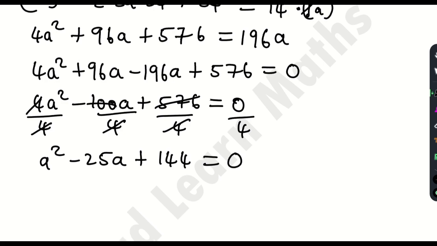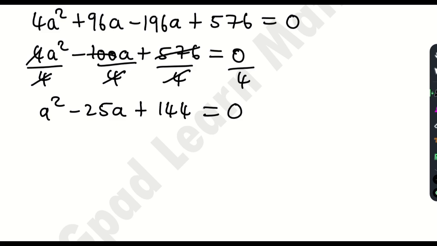So looking at this equation, we have 144. So you ask yourself, give me two numbers such that when I multiply them, I will get 144. And when I add these two factors or numbers, I'm going to get negative 25. So what do you think? Now, the two numbers will be negative because this is plus 144.